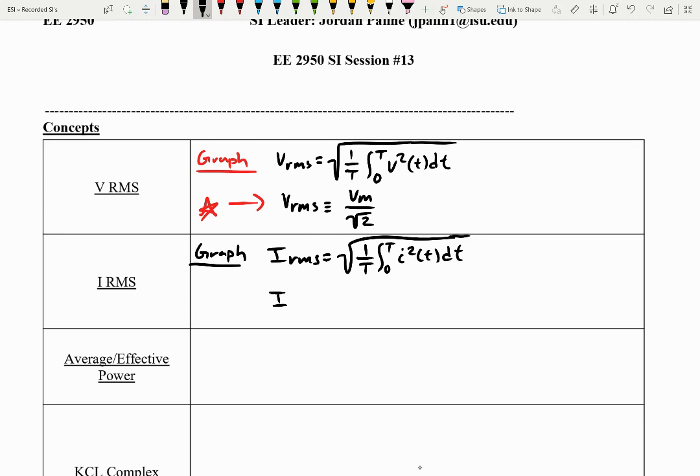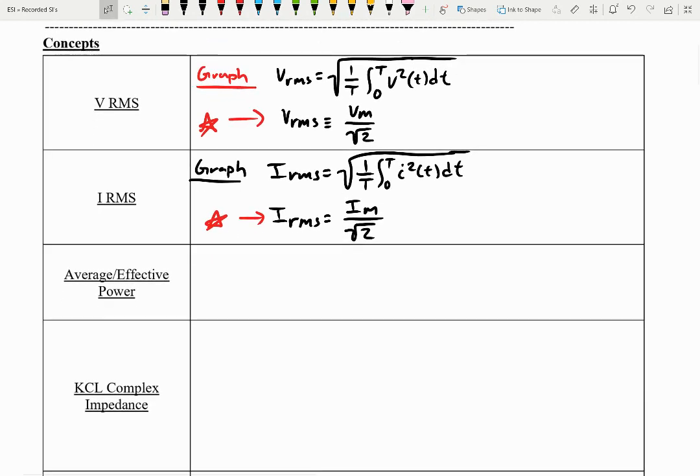And very similar to VRMS, IRMS is going to be the magnitude current over square root of 2. Okay. So just general equations, and these are very important. We're going to see these going forward.